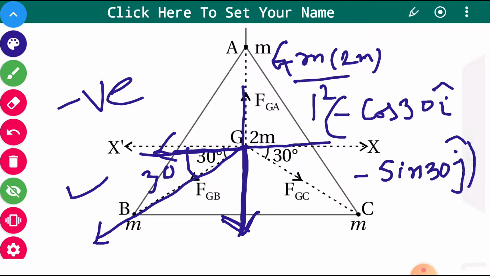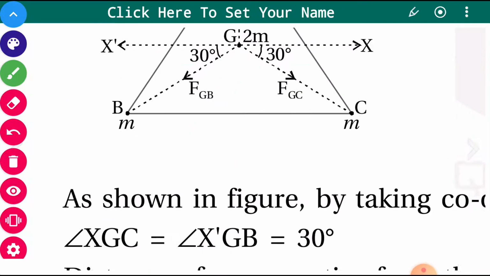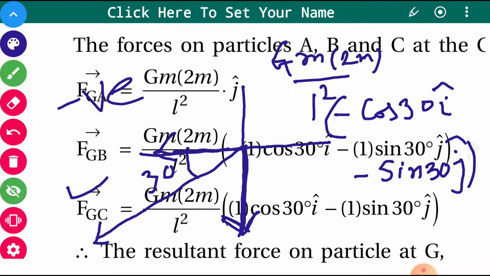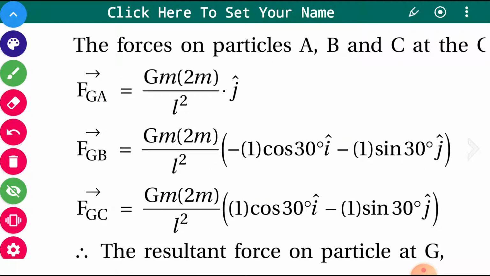So this will be the force on G by B, and that is shown here: G m1 m2 upon L square, which is written as 1 square, minus cos 30 i cap minus sin 30 j cap.